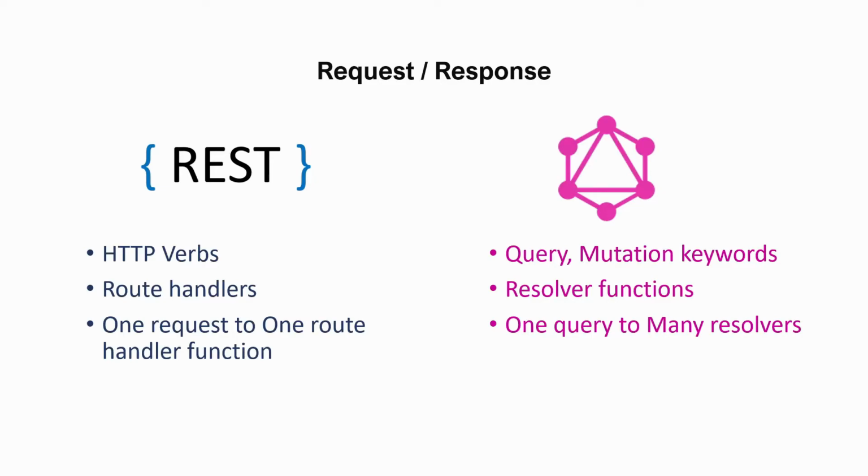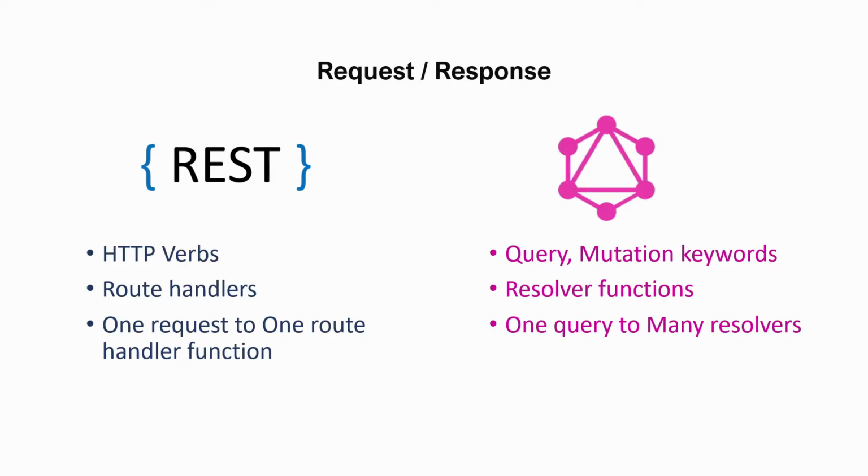On the server side, for REST API, you use something called route handlers to handle the request that comes to each endpoint. Whereas GraphQL uses what's called resolver functions. The difference between the route handler and resolver function is that the resolver function can be nested in GraphQL.